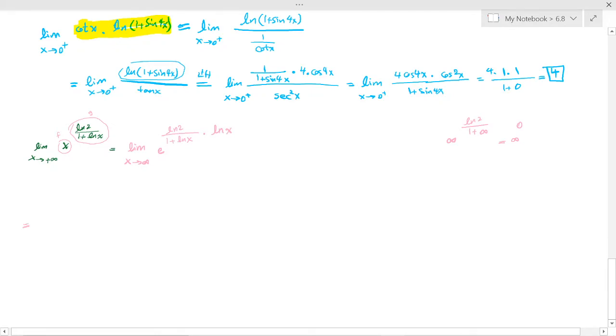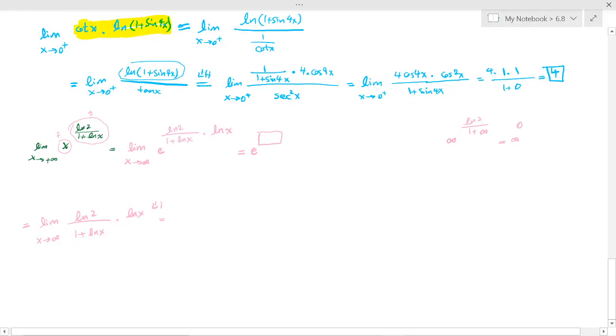Again, I'll find the limit of the exponent first because the base is a constant, so the result would be e to the power of whatever we find as a limit. The limit of ln 2 divided by 1 plus ln x times ln x as x approaches infinity. Now if you replace infinity, what you get is infinity divided by infinity.